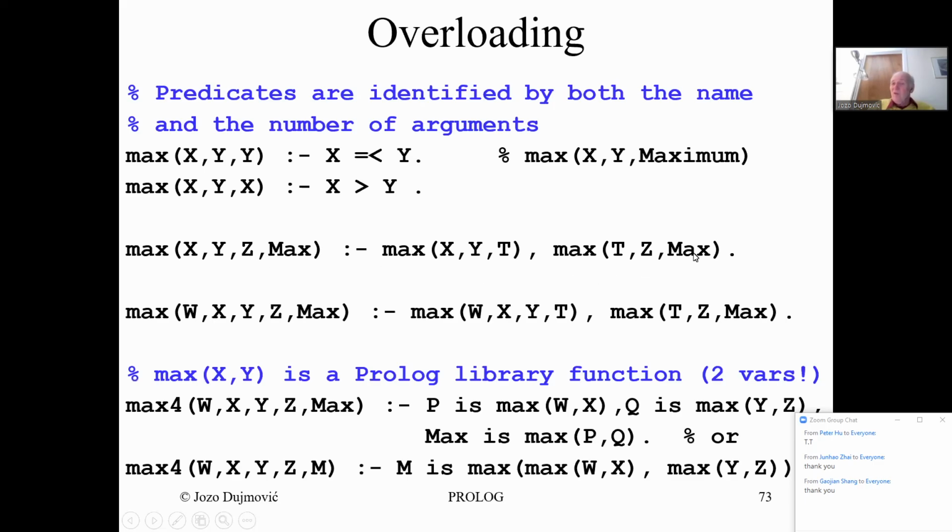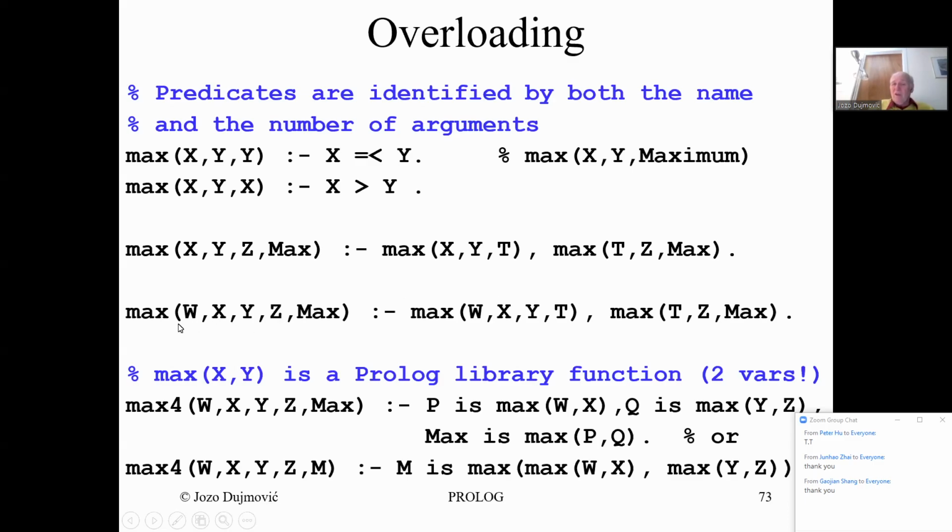And this is going to be stored in Max, and then return this Max out. So first, compare these two, get the intermediate result T, and then T and Z to get Max, that is going to be the complete result. Okay, you can do it in that way.